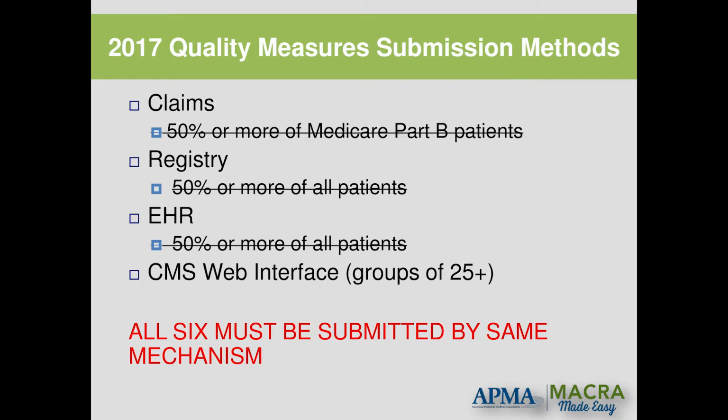Dr. Christina is going to touch on that when he talks about registry reporting and the APMA registry. There are many advantages to that and reasons why you should be engaged with the APMA registry, both selfish reasons, why it helps you, because it's easier, and bigger reasons to how it can actually help the profession and help podiatry. But still, there are advantages and disadvantages to claims versus registry. We can talk about that.